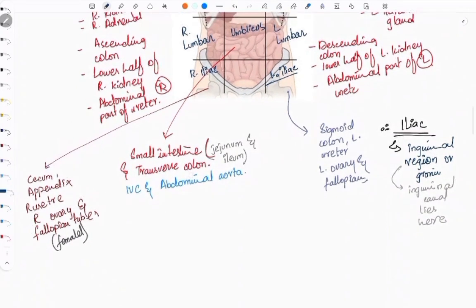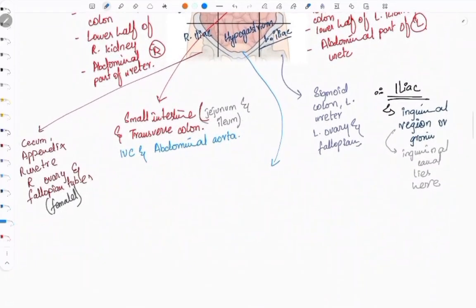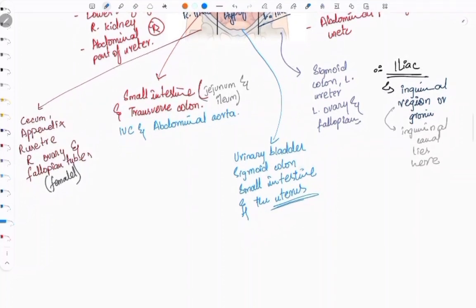The last region, the hypogastrium or the hypogastric region, consists of urinary bladder, sigmoid colon, small intestine, and the uterus in females.